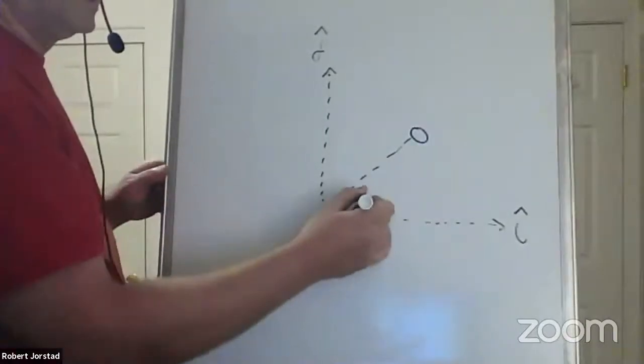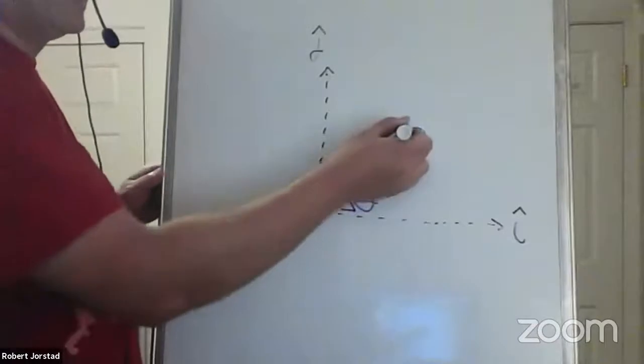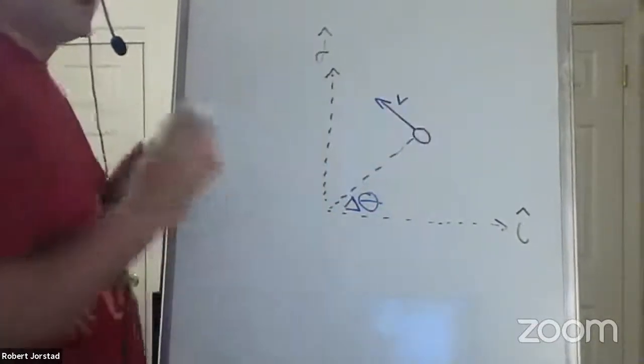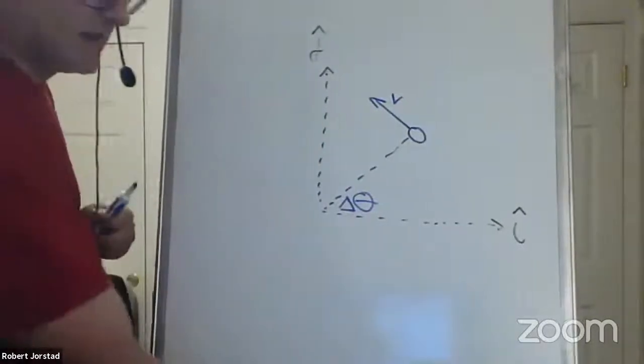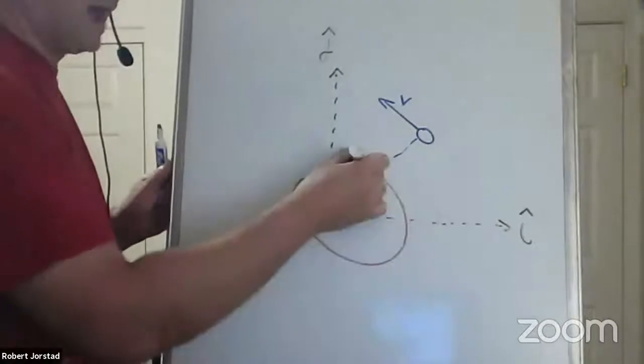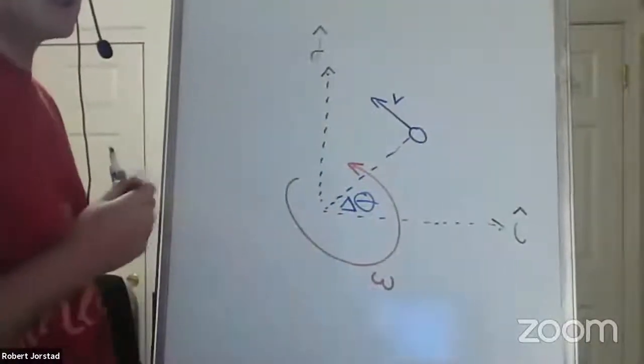Here's my particle. Here's the angle theta or delta theta, however you want to describe it. And let's just assume for right now it's moving this way. So based on that, you could see that it's rotating that way. So that's omega, the direction of rotation.